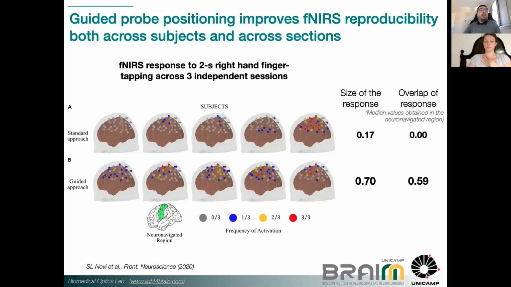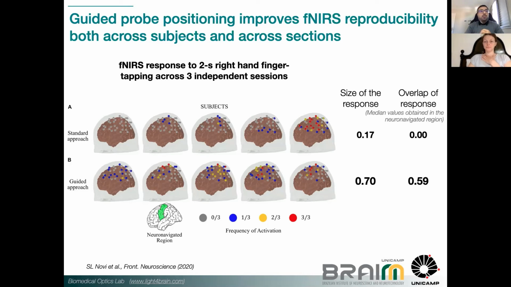And what we did is actually repeat the same experiment, finger tapping, right? But we did 2 different protocols. One with a standard approach, where we just use what we were using before the neuronavigation, right? We would just get the cap and position it. We use the 10-20 system to actually mark the regions. And then we use the guided approach, with the neuronavigator.